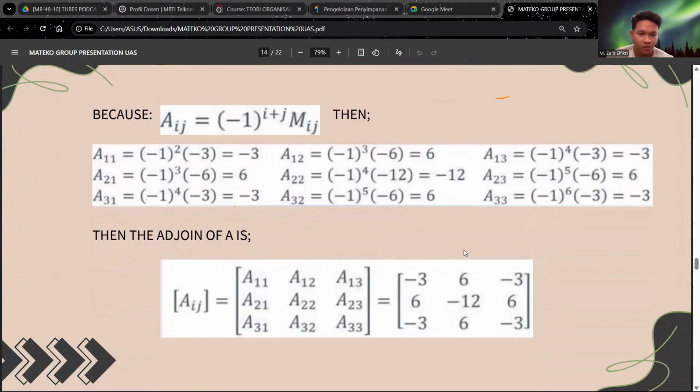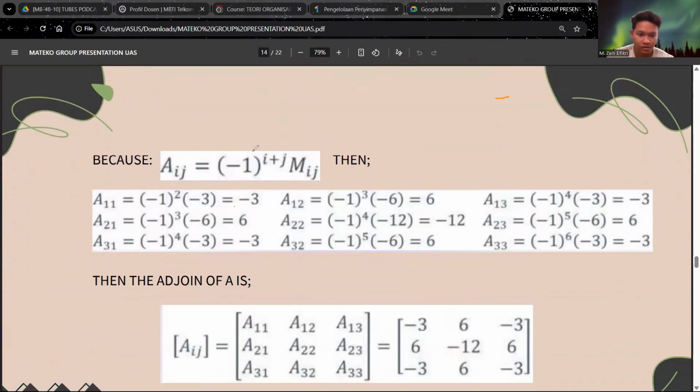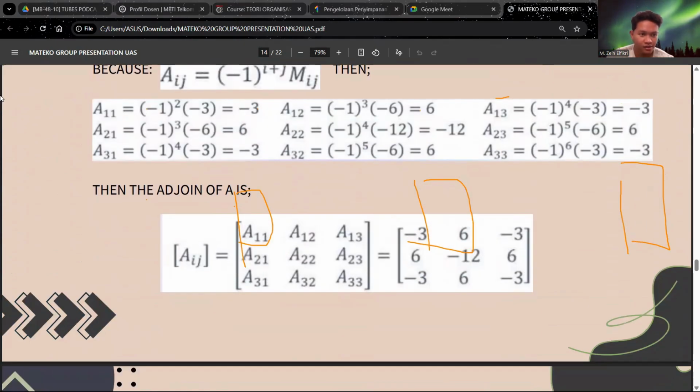We continue the calculation of the adjoint. We just need to input the numbers from before, like this. You can see the result like this, and like this, and like this. Then the adjoint, we want to calculate the adjoint.